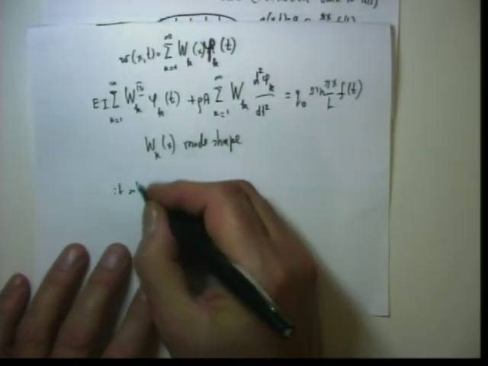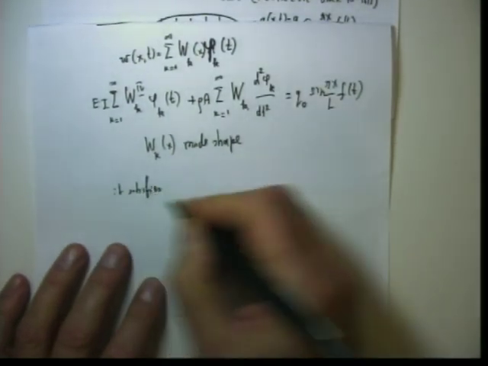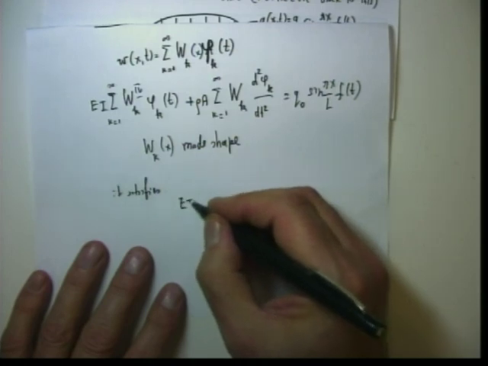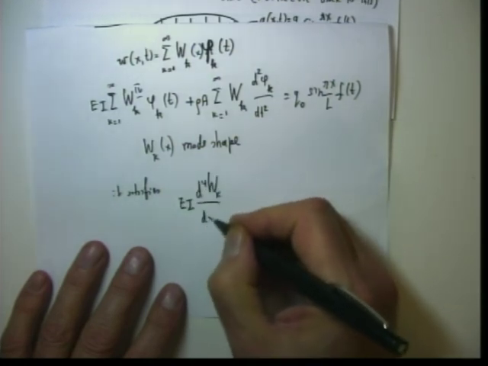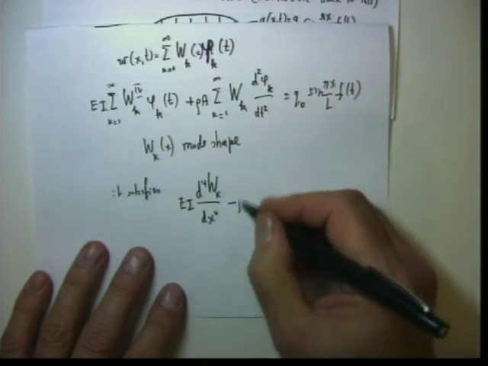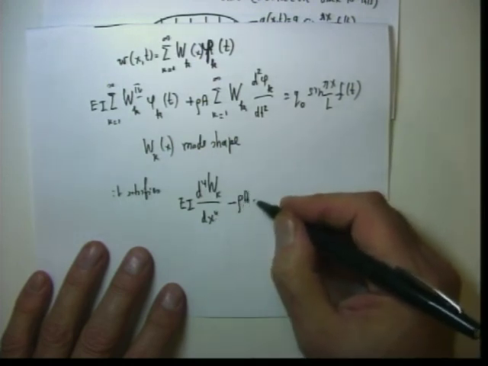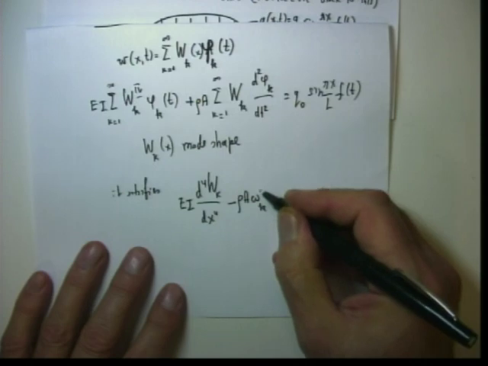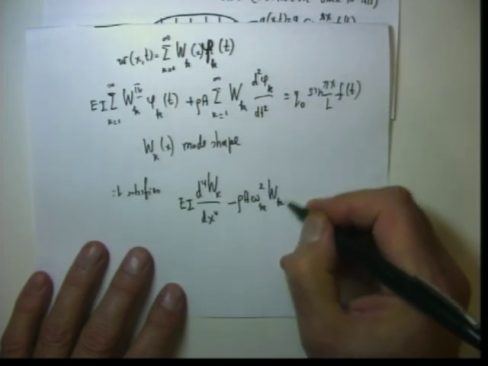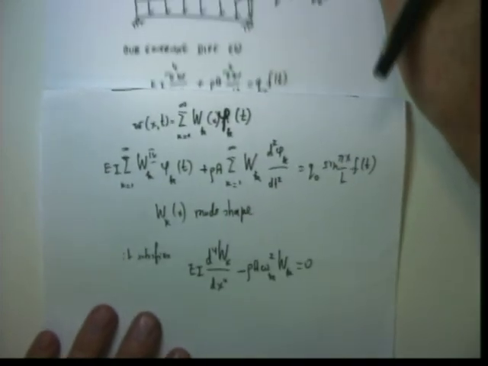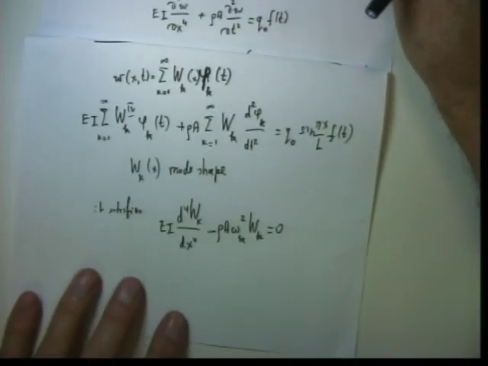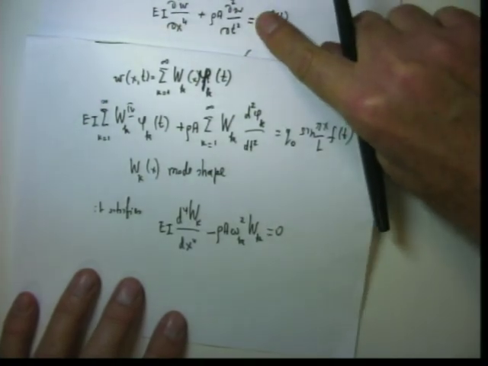It satisfies the following equation: EI d4wk dx fourth power minus rho a omega k squared wk equals 0. Look, it is obtainable from here, from the original equation, where the forcing should be thrown away.